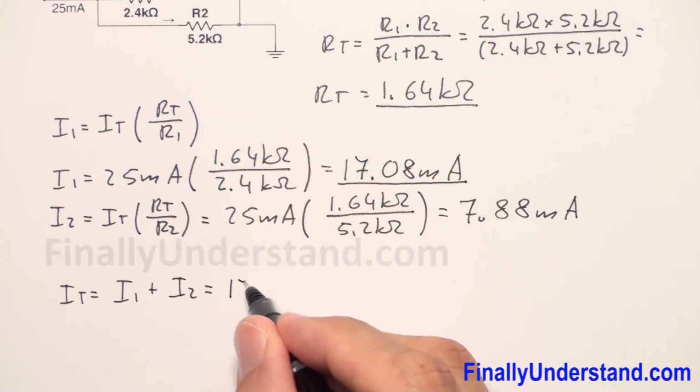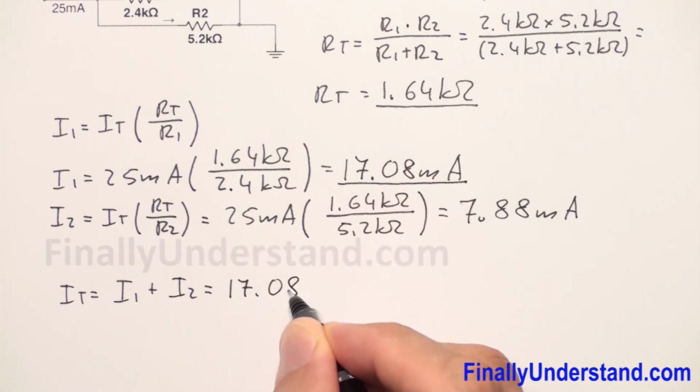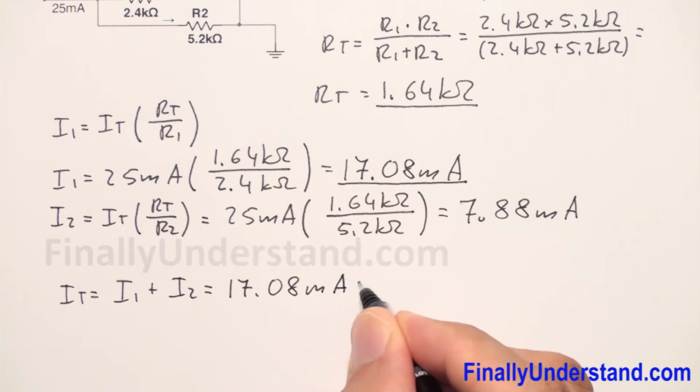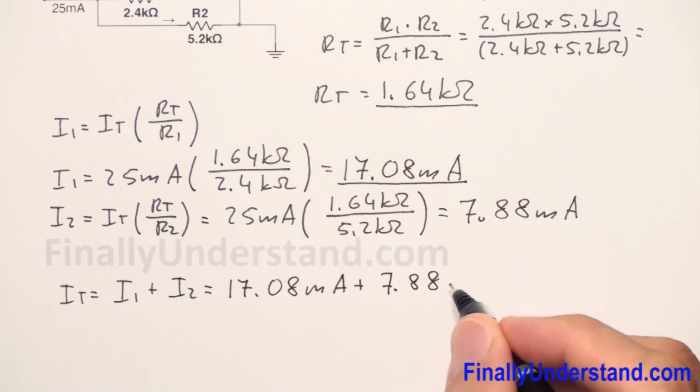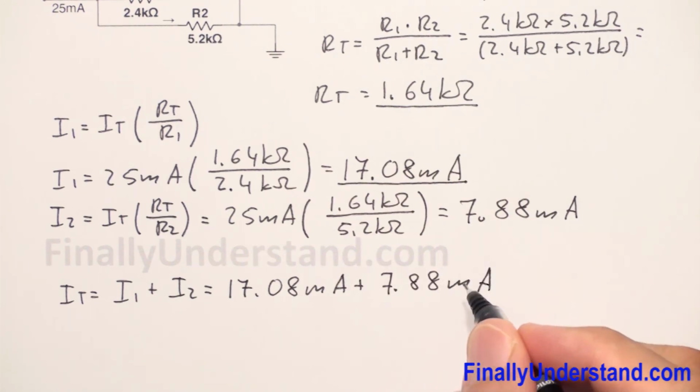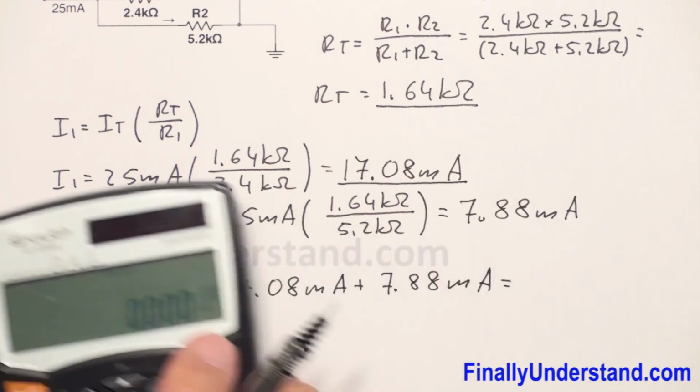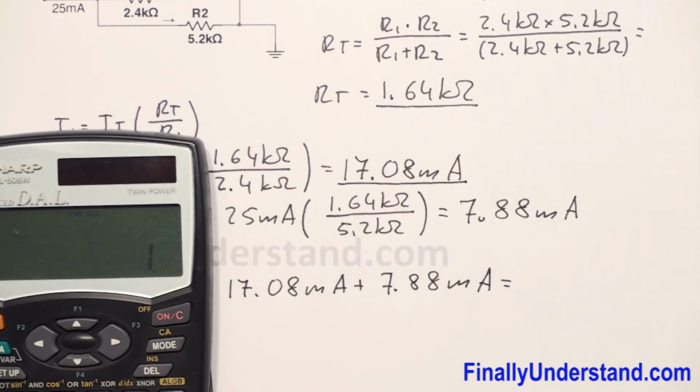I1 is equal 17.08 milliamps plus 7.88 milliamps. Okay, so this is equal 17.08 exponent 3 negative plus 7.88 exponent 3 negative.